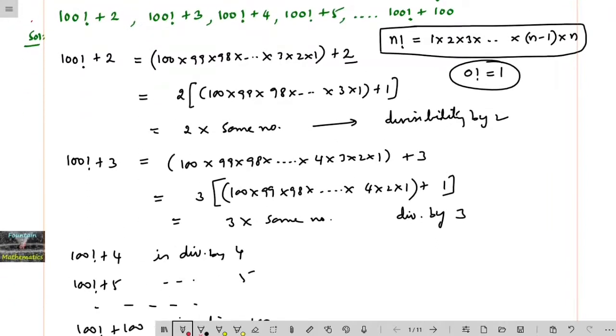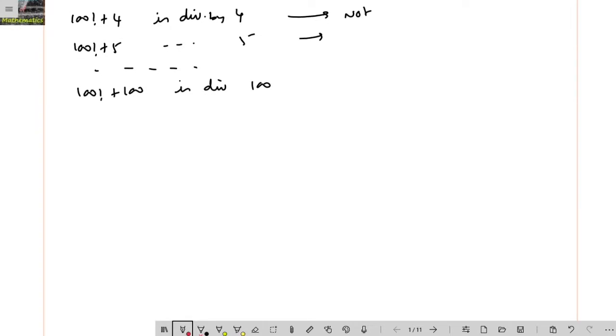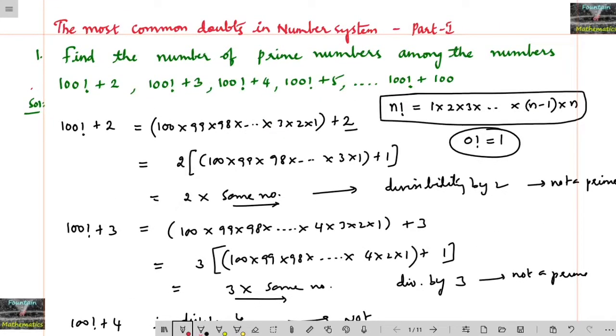These are all not prime numbers. Each is 2 into some positive number other than 1, definitely other than 1, so it is not a prime number. Similarly, all the others are not prime. So none of the numbers given in this question are prime.